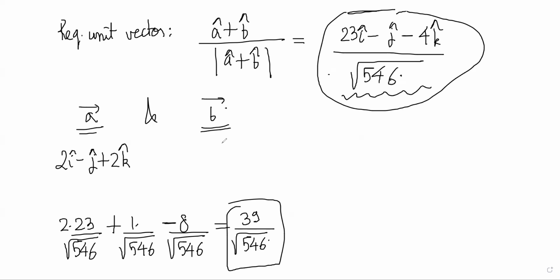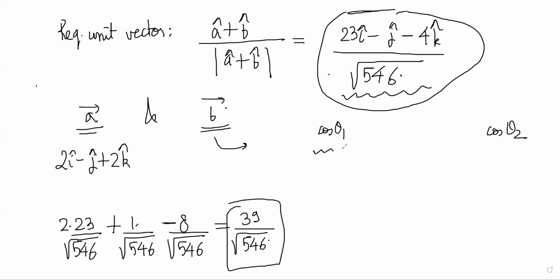And what is the dot product of the same vector with B? We have to check that cos theta is the same, cos theta 1 and cos theta 2. So you have to do A dot B by mod A mod B, right?